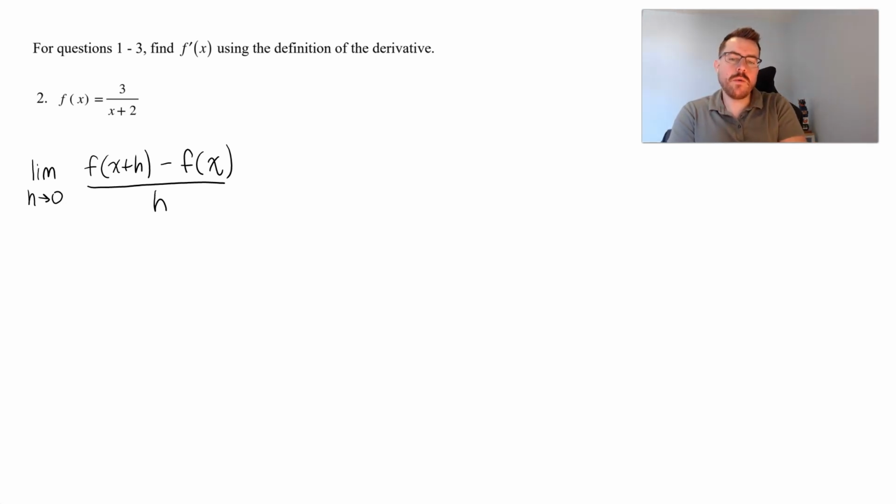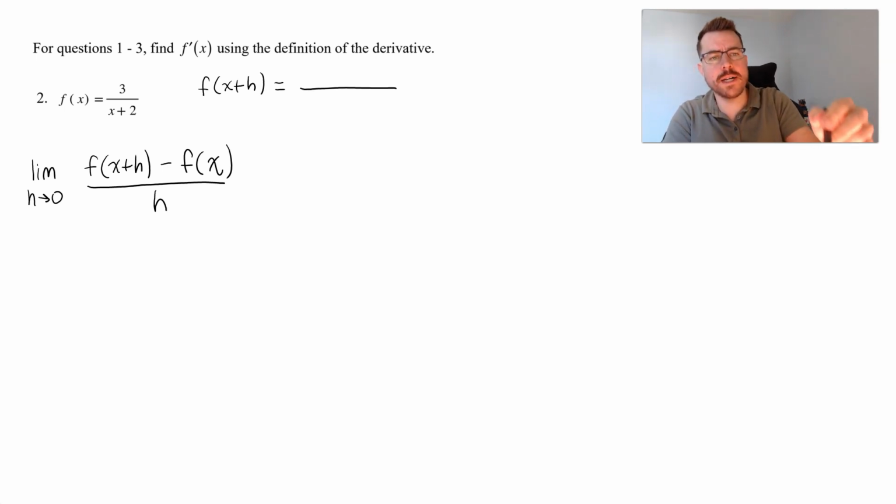So the first thing that we're going to want to do with this is figure out what f of x plus h is. So here's f of x. Now we need to do f of x plus h. Now some people get a little bit confused on this, but if I asked you to find f of 2, you would sub 2 in for x.